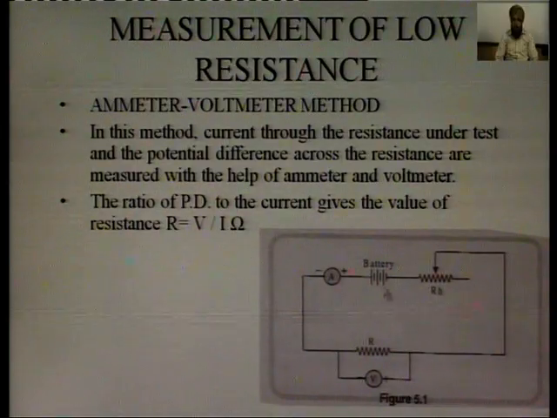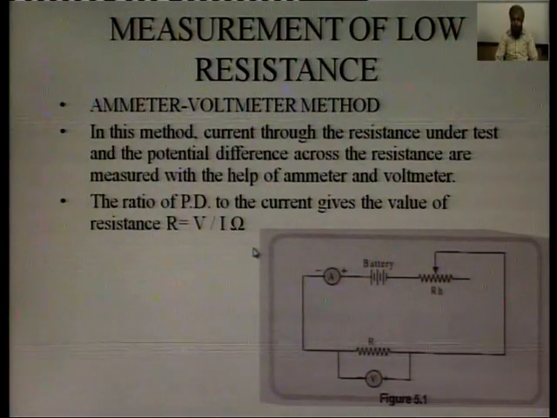When we connect the battery across this circuit, the ammeter will measure the current and the voltmeter will measure the voltage. As we know, resistance is equal to voltage upon current. If we divide the voltage measured with the voltmeter by the current measured with the ammeter, then the value of resistance will be found.